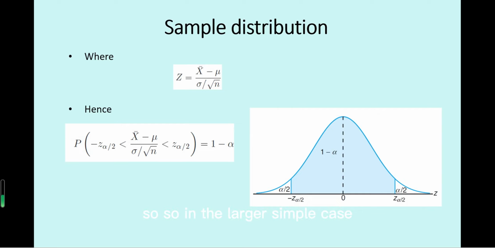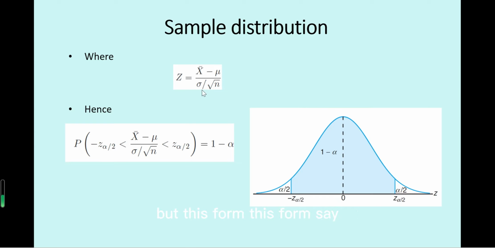So in the large sample case, we can calculate x bar minus the population mean divided by the population standard deviation divided by the square root of n, where the population mean is what we want to estimate.